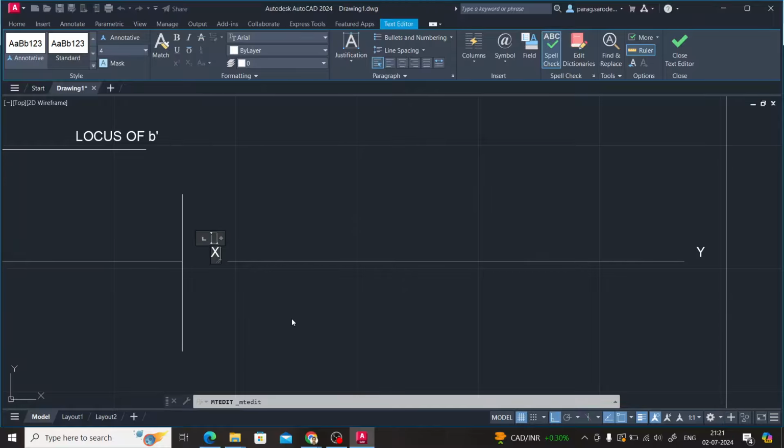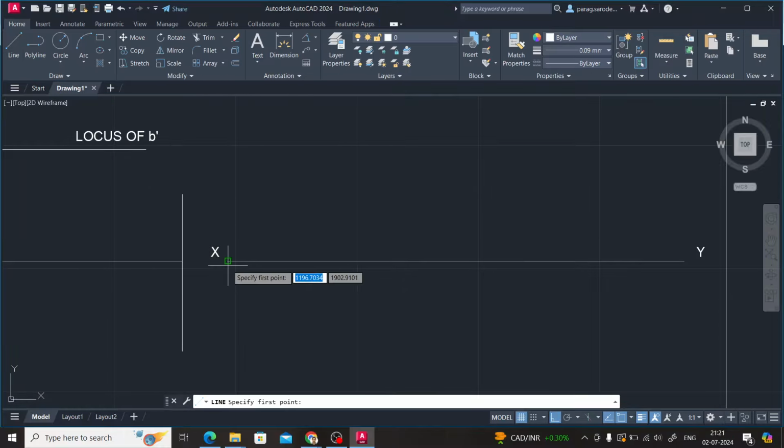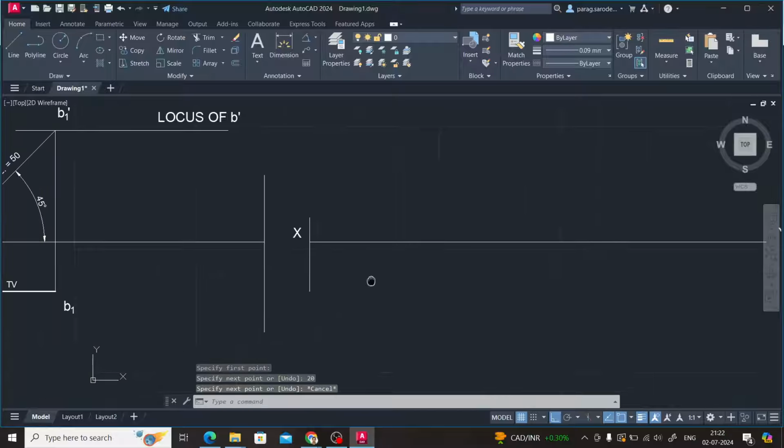I can start with the end point, this point, and I will draw a line of 10. From the same point I will draw a line of 20. Getting what I have taken?